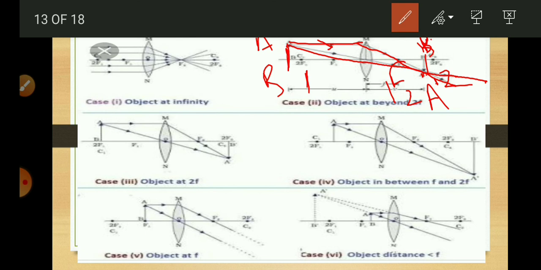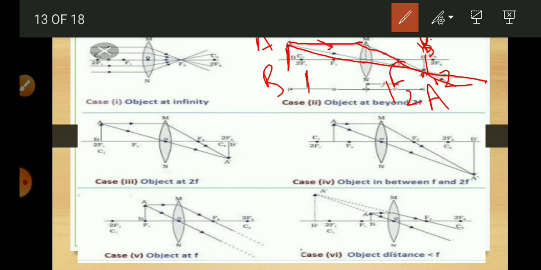And the third point we have to consider is the position of the image. So to describe the properties of an image, we have to describe all three points: real and inverted, or virtual and upright; magnified, diminished, or same size; and the position of the image.